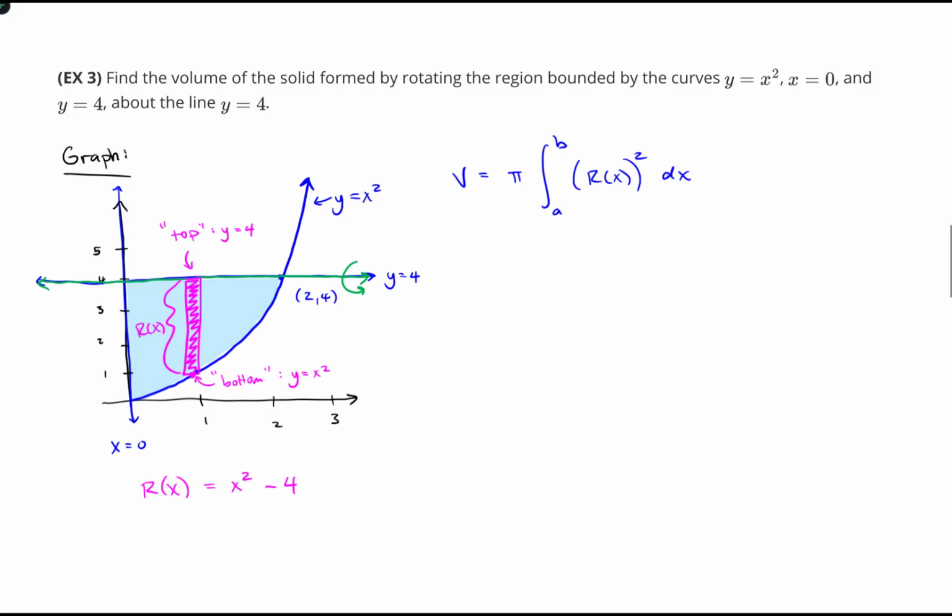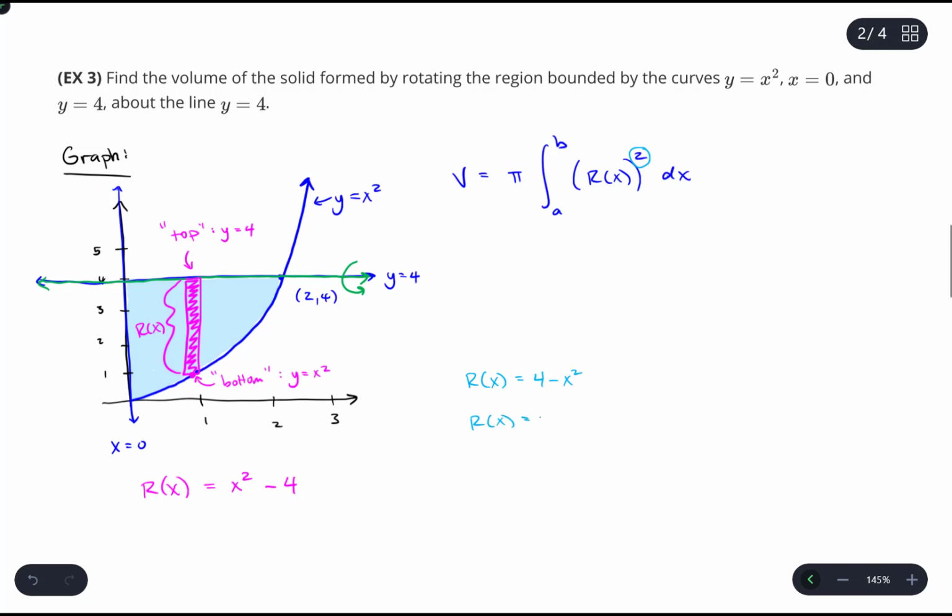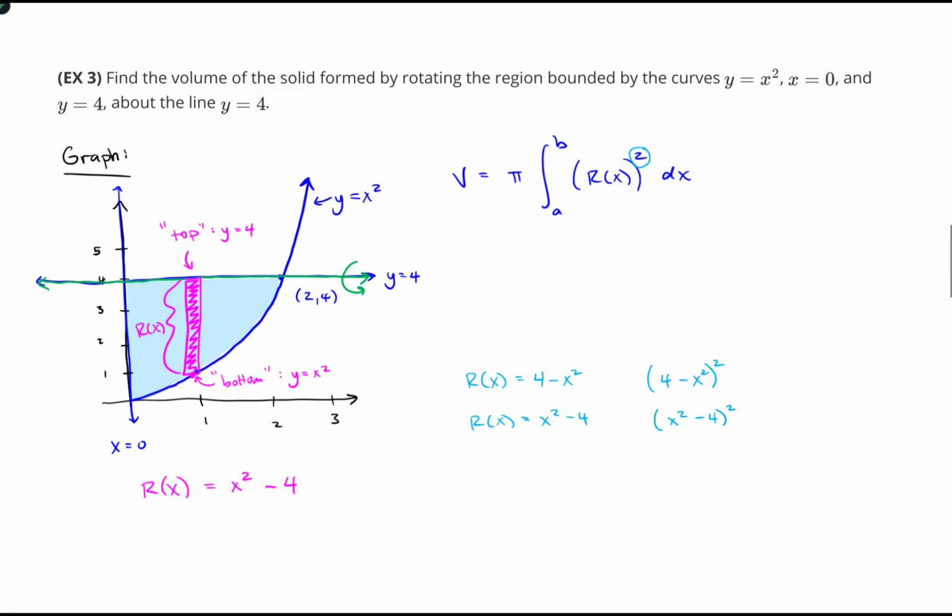All right, so now, since that's dx, this is r of x. But if you'll notice, everything inside there gets squared. So really, it doesn't matter a whole bunch at this point. Like if I said r of x was 4 minus x squared, or if I said r of x was x squared minus 4. When I plug it into this integral, I'm going to square that thing. So it becomes 4 minus x squared quantity squared, or x squared minus 4 quantity squared, which is going to result in the same answer.